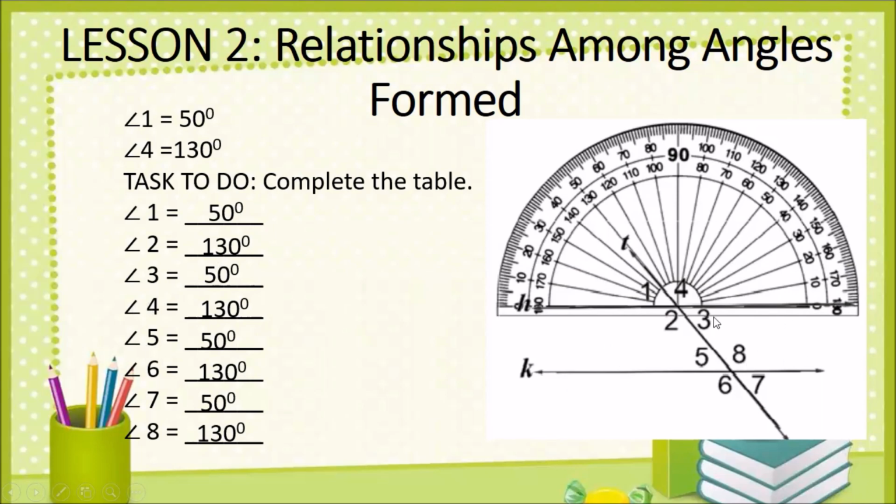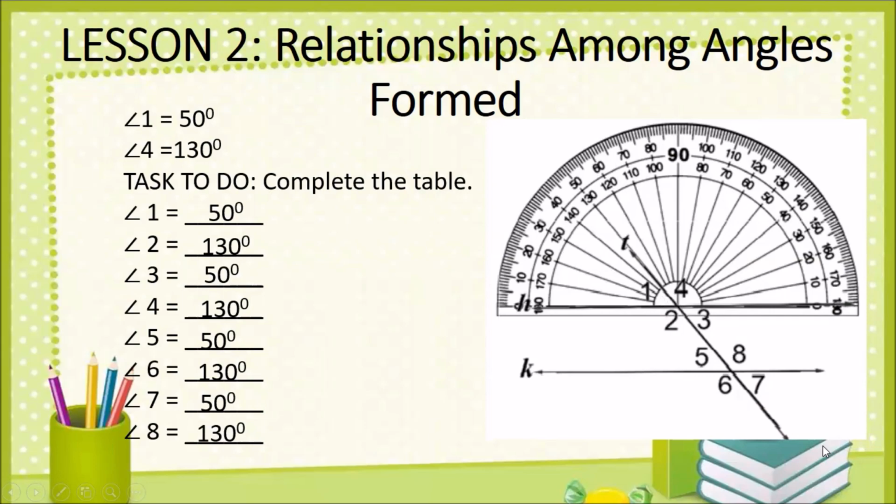So, correct. Then how about the same side exterior angles? They are supplementary: angle 1 and angle 6, 50 plus 130, 180. And angle 4 plus angle 7, 130 plus 50 is 180.